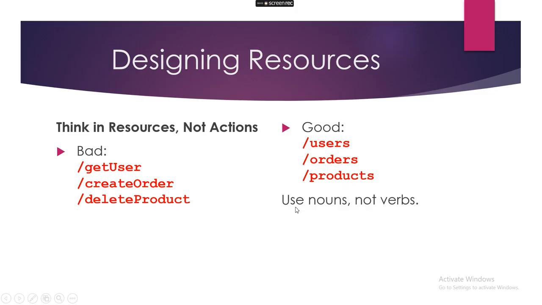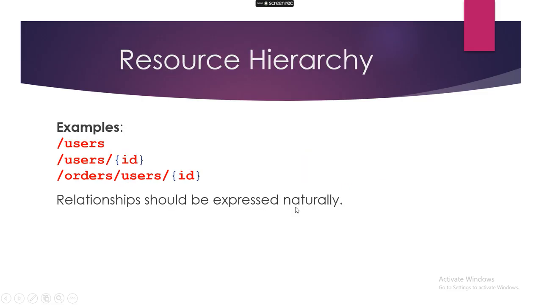We're also going to see the different hierarchy, which is the next slide, and you're going to see the different ways to structure your endpoints in a hierarchical manner. You're going to have /users and /users/ID and /users/ID/orders. And it's easy to read because it is expressed naturally, right?